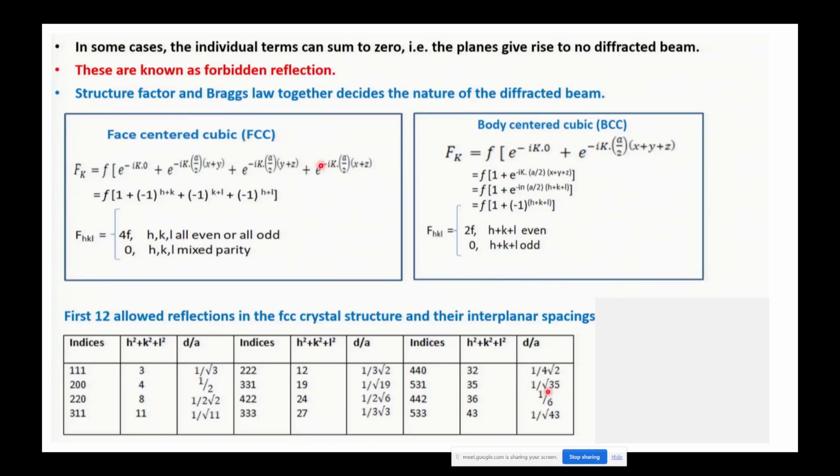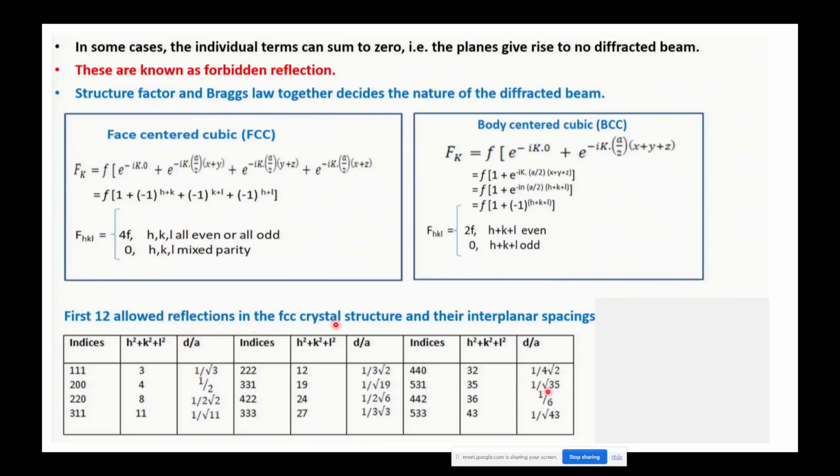And these are regarding that. You just go through this slide and you will understand that the structure factor and Bragg law together decide the nature of the diffracted beam. So these are nothing but how they have decided like this.